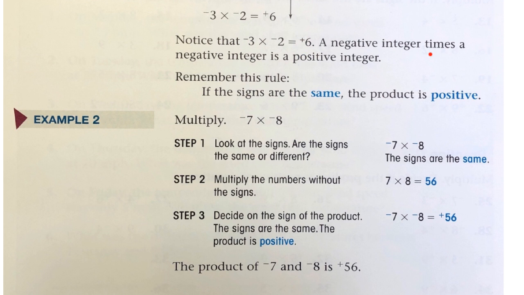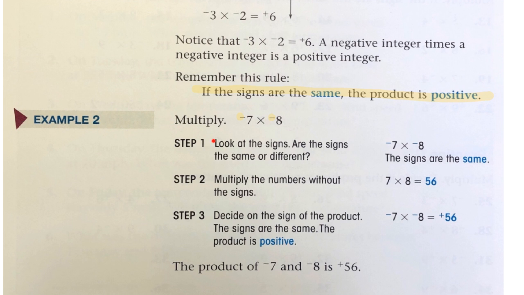A negative integer times a negative integer is positive. There's another rule. If the signs are the same, the product is positive. If both of the factors are positive, the answer will be positive. If both of the factors are negative, the product will be positive. And that's the key to multiplying integers.